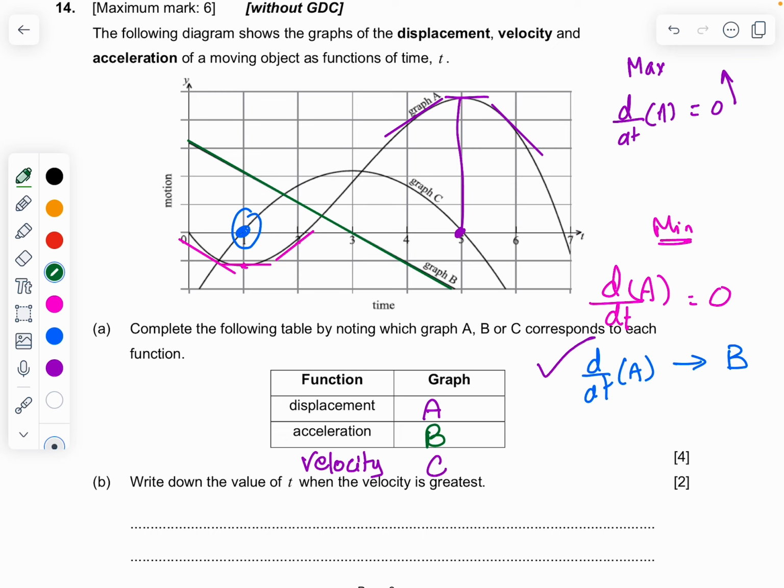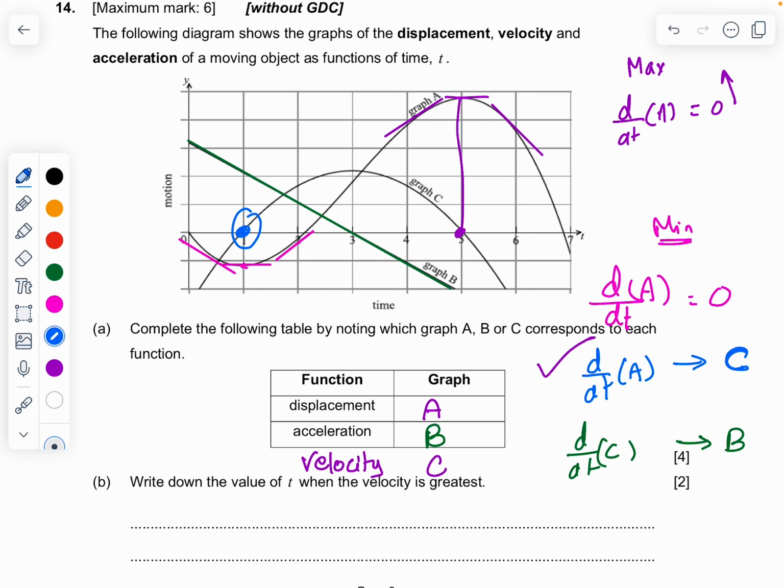You can see that the derivative of C is going to be graph B. So this is not B, this is C. Derivative of graph A is C. So therefore A is going to be the displacement and C is going to be the velocity.